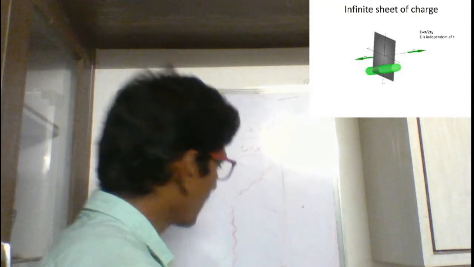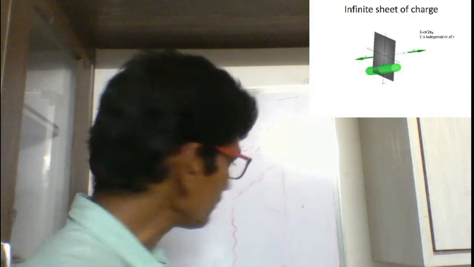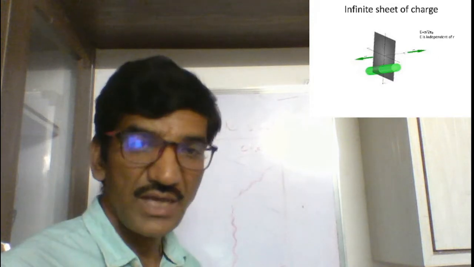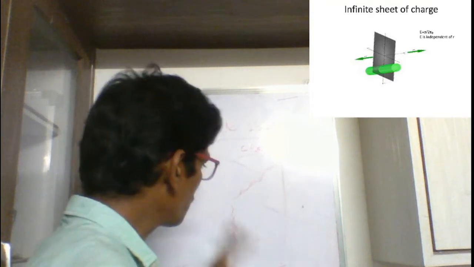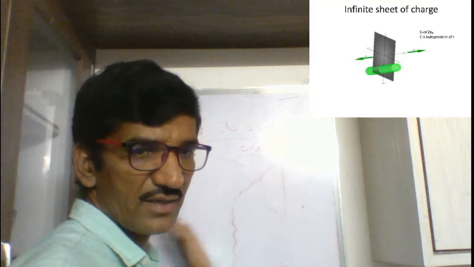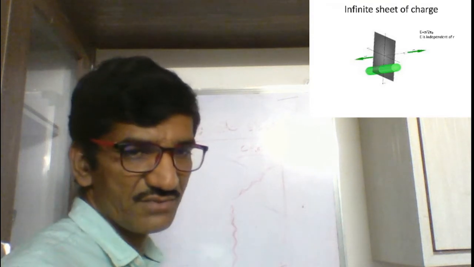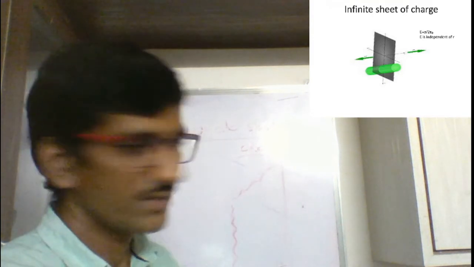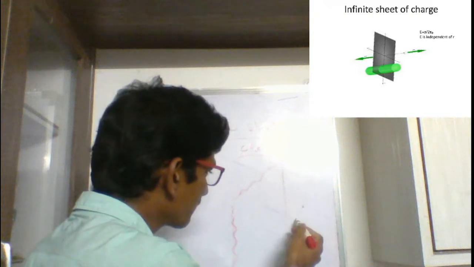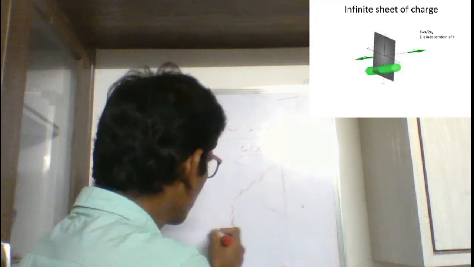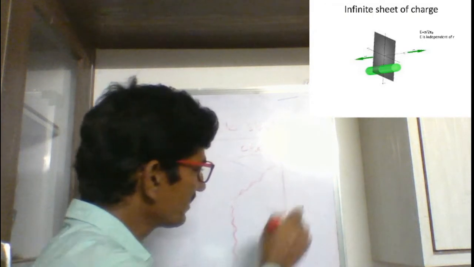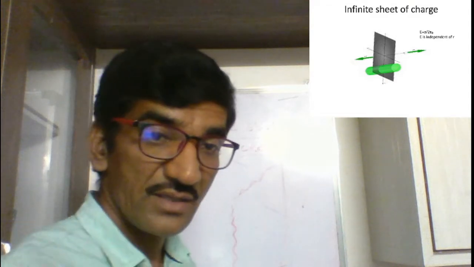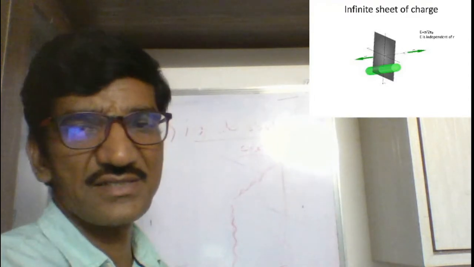Here actually you want to know the electric field on this side and this side, the left and right sides of this plate. Suppose you want to know the electric field here. For the Gauss law application, you have to draw one imaginary surface.